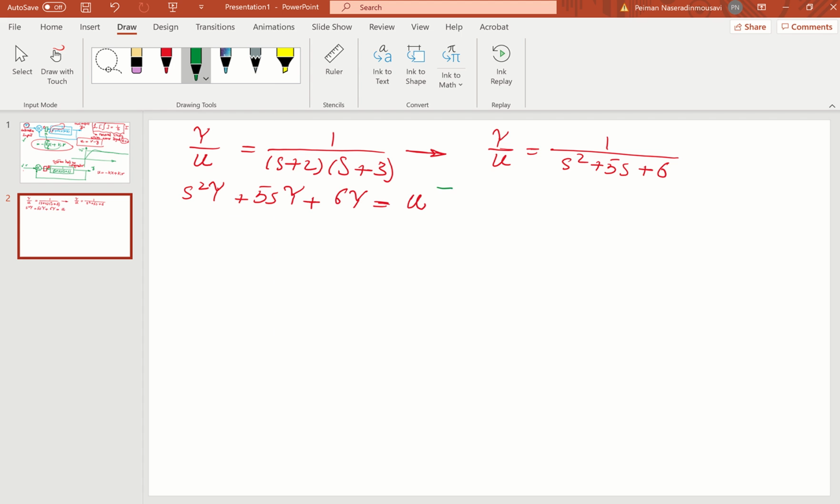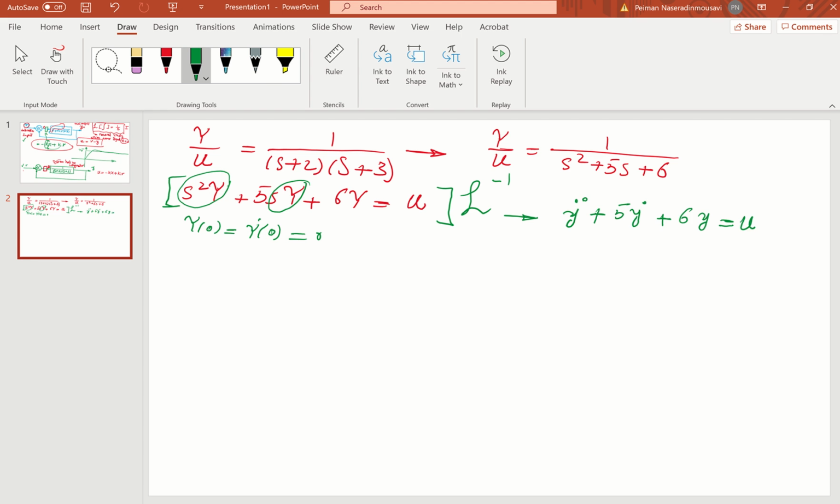Now I'm going to do the inverse Laplace, with the assumption that y of 0 and y dot of 0 are 0 initial conditions. From undergraduate control, in the time domain this gives you y double dot plus 5y dot plus 6y equals u.